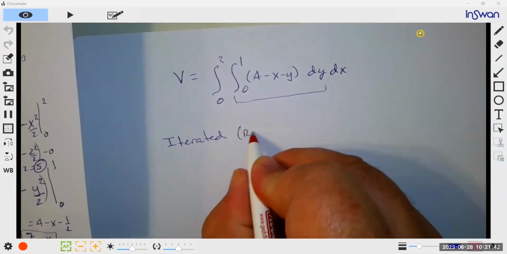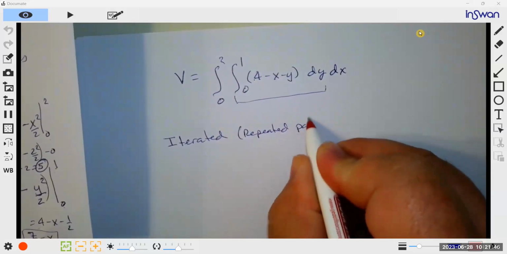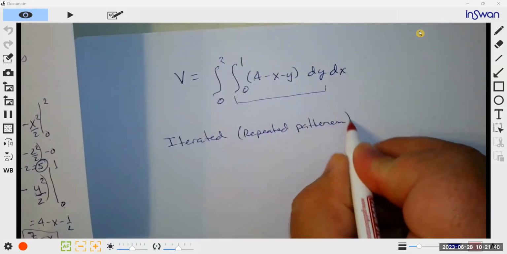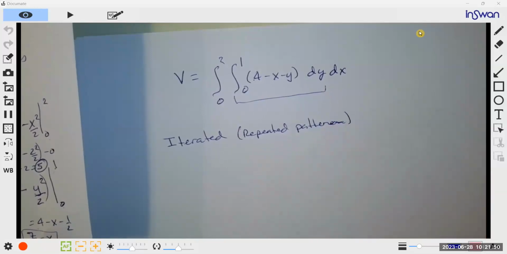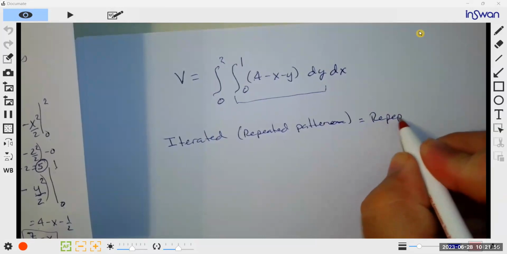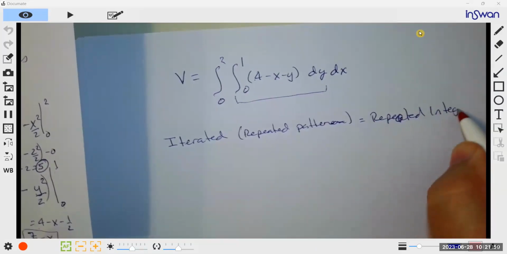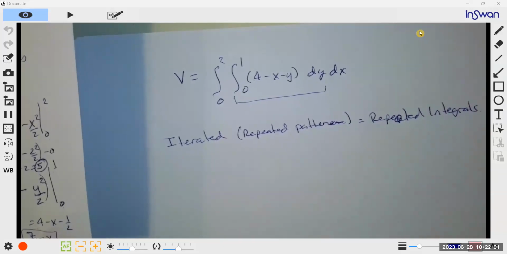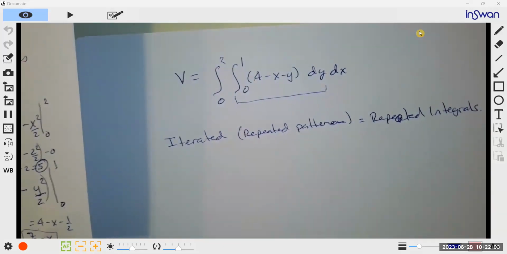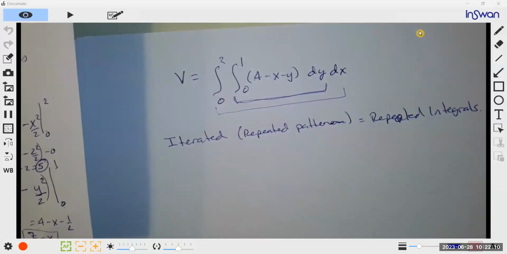Iteration simply means a repeated pattern, in other words, repeated integrals. We had to first take the integral with respect to y, then we took it with respect to x, and that found our volume.